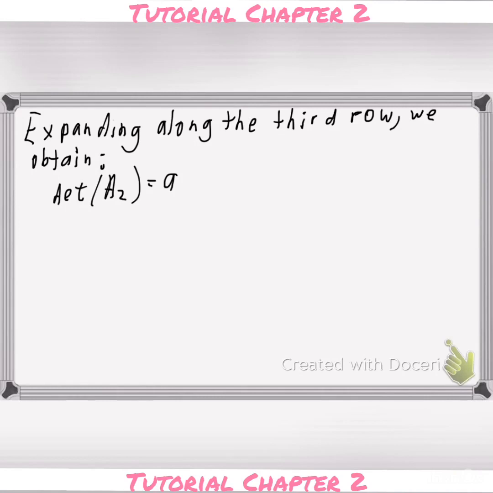So we're going to take the entry in the third row in the first column, and multiply that with the cofactor of that entry. We're going to take the entry in the third row and the second column and multiply that with its cofactor. And we take the entry in the third row and the third column and multiply it with its cofactor.